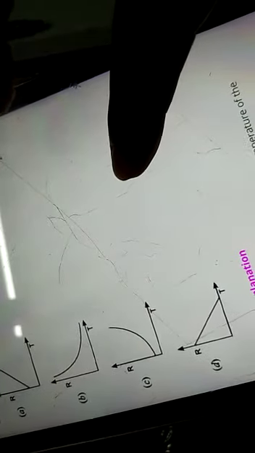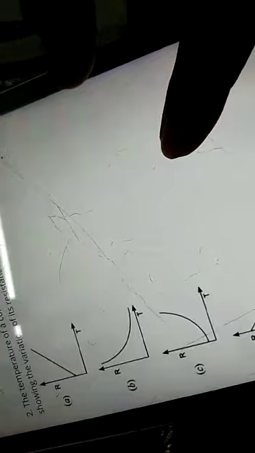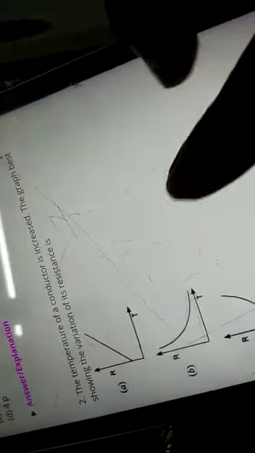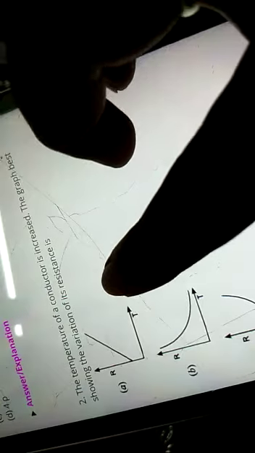So either A or D, both are straight lines. Here in A, if temperature increases, resistance increases, and in D, if temperature increases, resistance decreases. So at a certain temperature, resistance becomes 0, which is impossible. So the only option left with you is A.